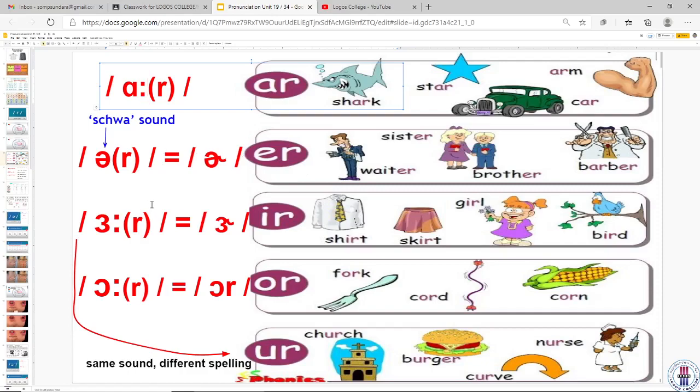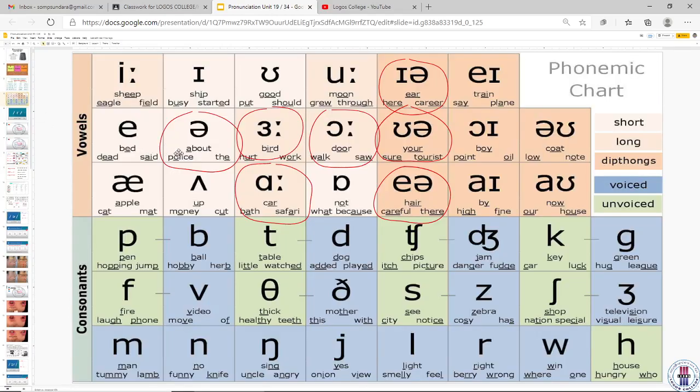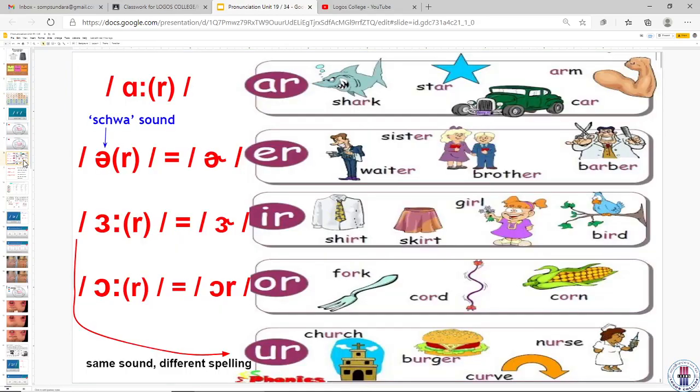Another R-colored vowel sound. If you remember this sound right here, this is the schwa. Sorry, I said unvoiced, but it's unstressed. This unstressed vowel sound is also known as the schwa. So if you hear the word schwa, that's what they mean. Not unvoiced, unstressed.